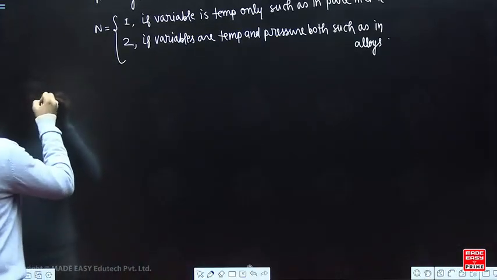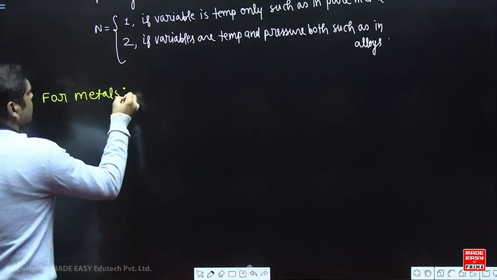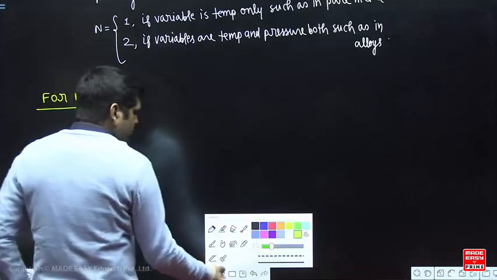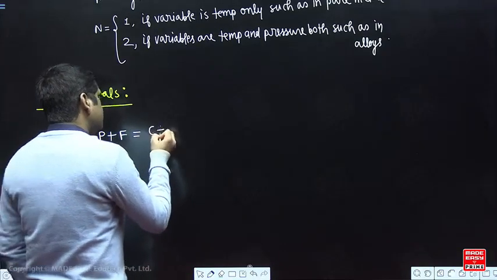For metals, N is how much? 1. So P plus F is equal to C plus 1.